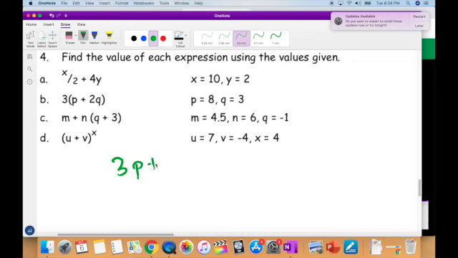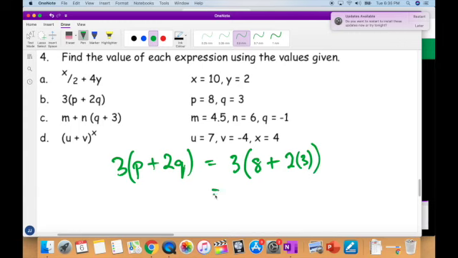3p plus 2q. Alright. And we have values for p and q there, so what to do? Quick. 3 and in the brackets 8 plus 2 and then another set of brackets 3. And then close the first set of brackets, right? Yeah.